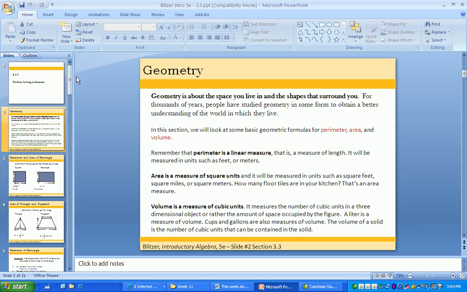Those of you that are maybe experienced working on houses know geometry pretty well. You take lengths of board, you take areas of square footage for tile, and you take volumes for concrete. How much concrete you'll need for a job. So geometry is pretty relevant in all of our daily lives.